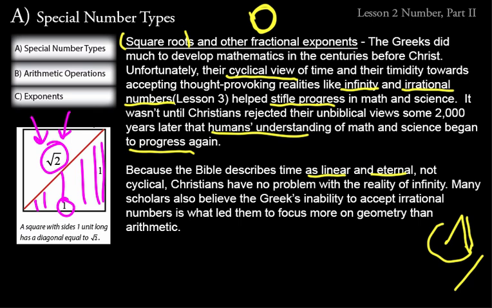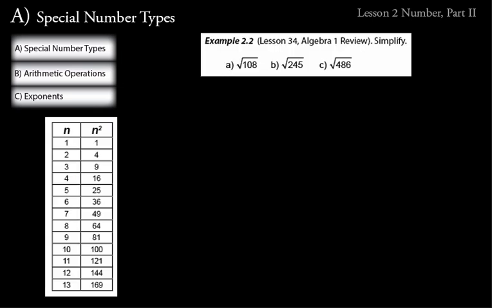But a square has to have a diagonal, right? It's a very real thing that is equal to the square root of 2. Christians don't have a problem that we don't understand the exact value of that. That's okay.